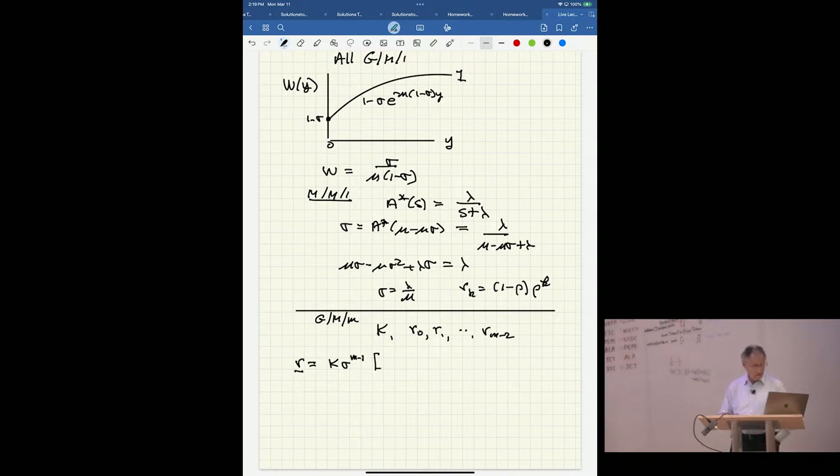Factor that out, and we're going to get a capital R0. Clearly, K sigma M minus 1 times capital R0 is little r0. I'm using that substitution. I'm using the capital letters now for the unknowns. R1 up to R sub M minus 2. These are the unknowns now. Comma. Now, what's the next term? What is R sub M minus 1?